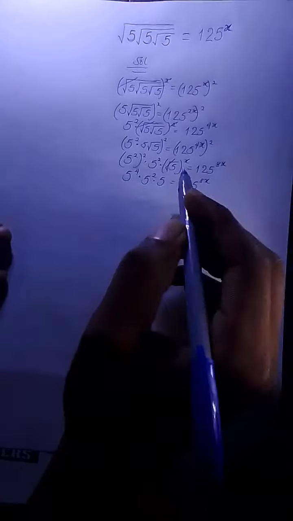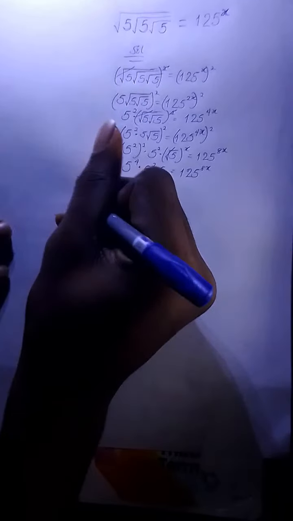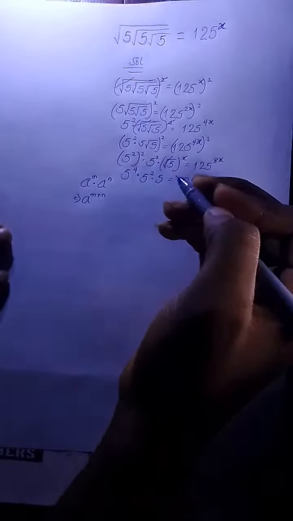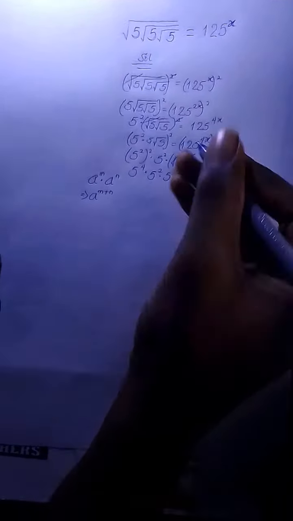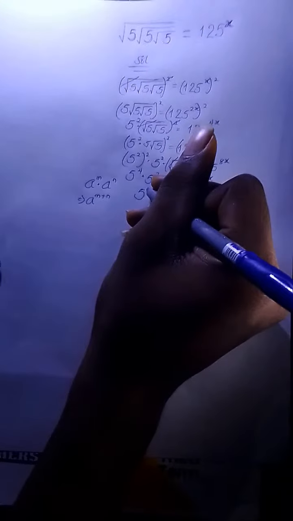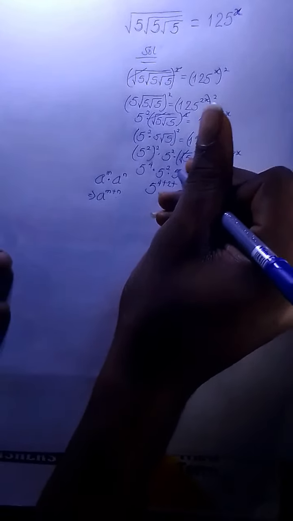Where we have a to the power of m times a to the power of n, note that it gives us a to the power of m plus n. This is the law of exponents that we have been taught. So we have 5 to the power of 4 plus 2 plus, now how about this last one?